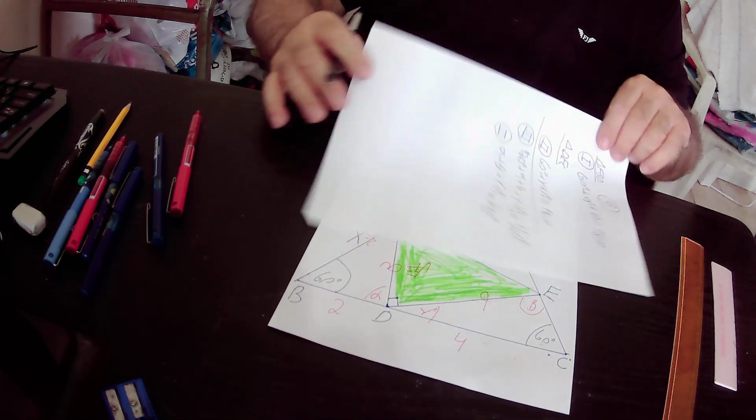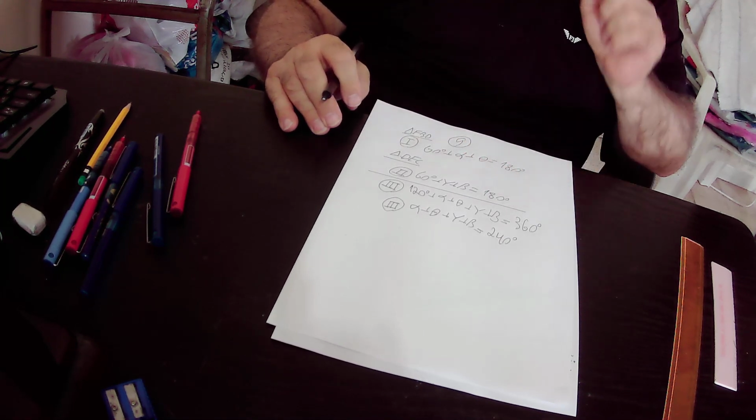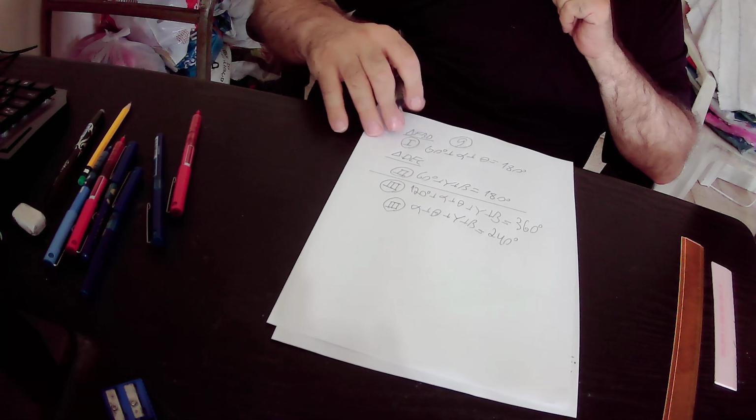Okay, so equation number 3 states that alpha plus theta plus gamma plus beta equals 140 degrees.